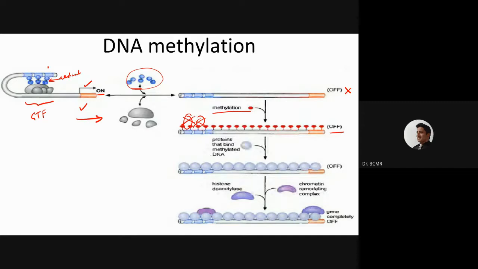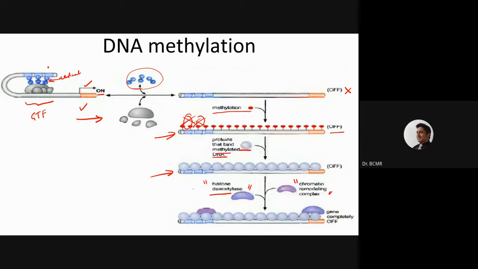And then there are certain proteins that recognize and bind to methylated DNA. Because the DNA is methylated at this stage, those proteins coat this DNA. These proteins also do something else. They recruit other enzymes, such as histone deacetylases, which we will discuss in a few slides, and chromatin remodeling complexes.